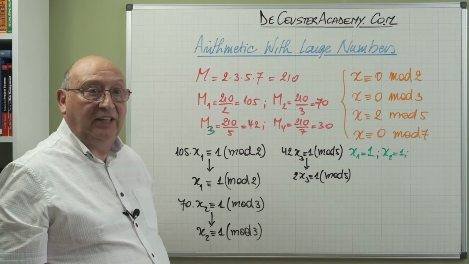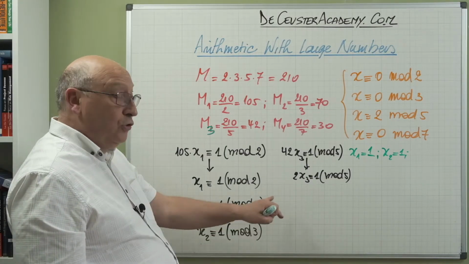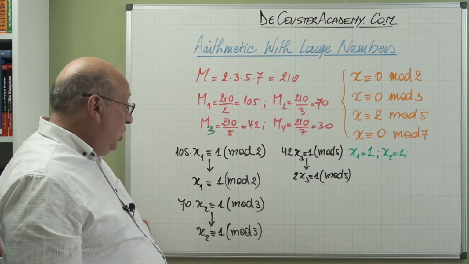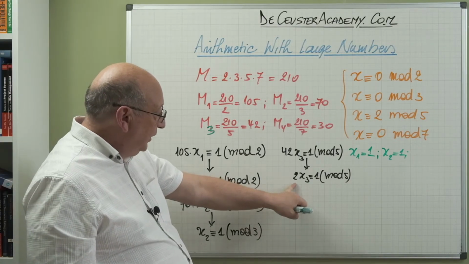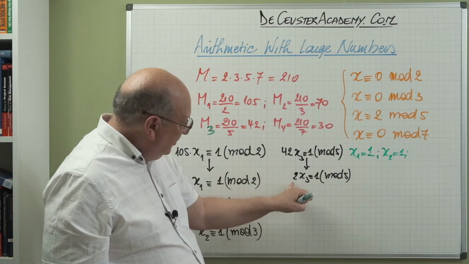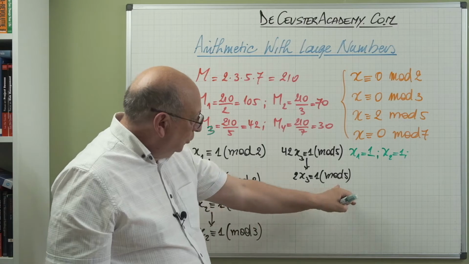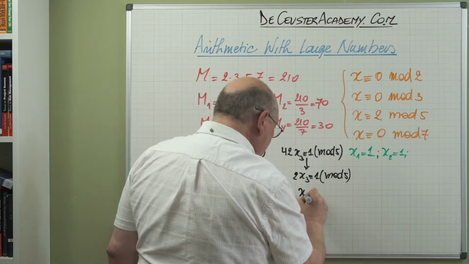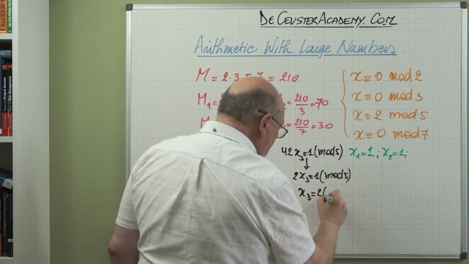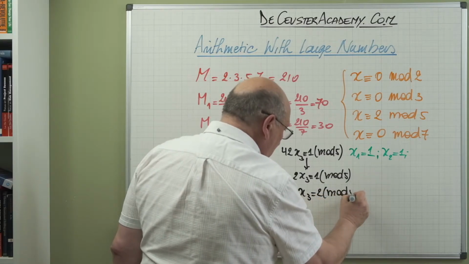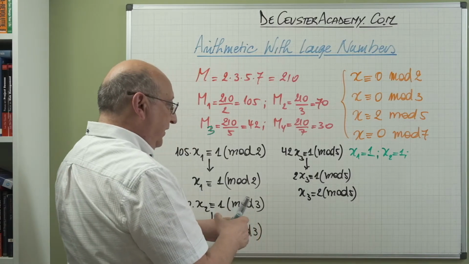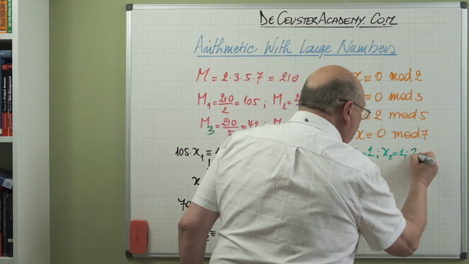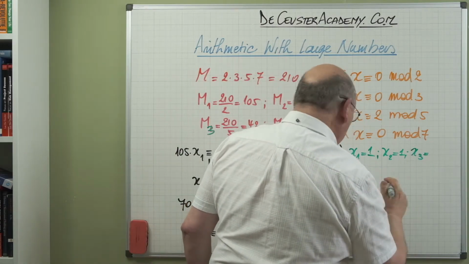Now when we multiply by 3 we see 6 modulus 5 is 1. So we find x3 is 2 modulus 5. So we can add here x3 is equal to 2.